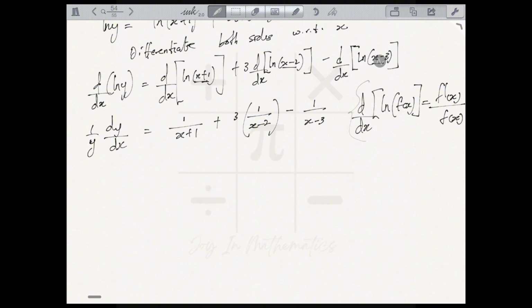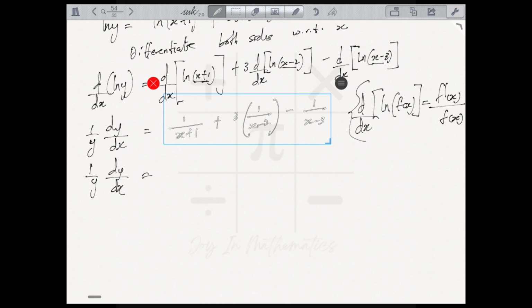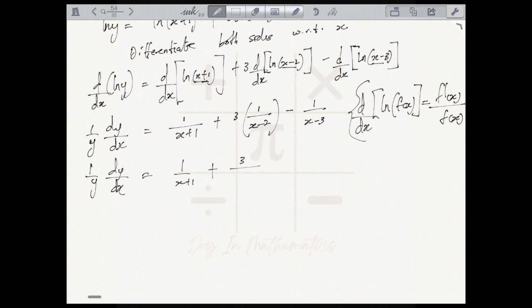So therefore we have 1 over y dy/dx is equal to this. This principle was treated in the last video, so if you skipped it, kindly go back and lay emphasis on it. And this will be 1 over (x plus 1) plus 3 divided by (x minus 2) minus 1 over (x minus 3).